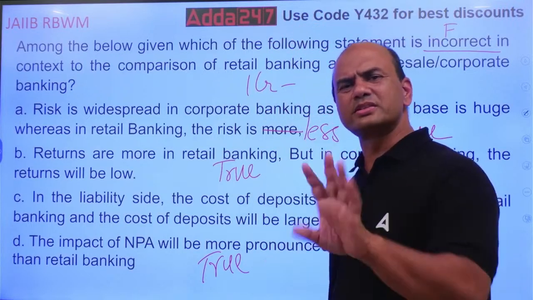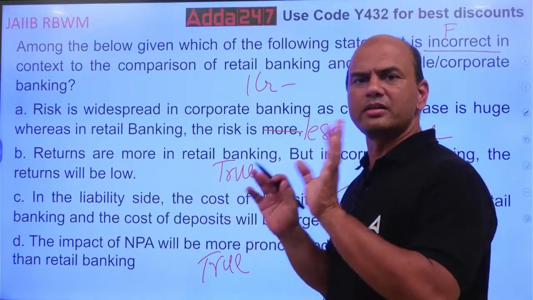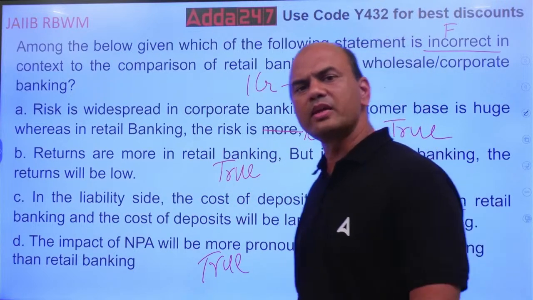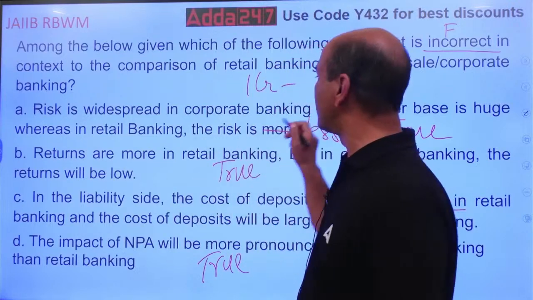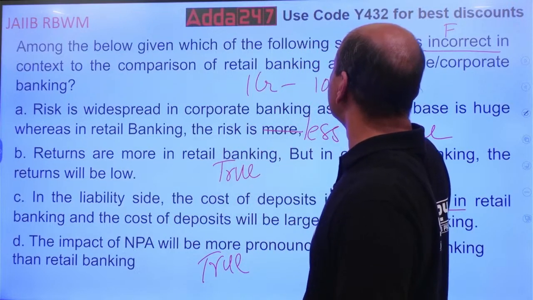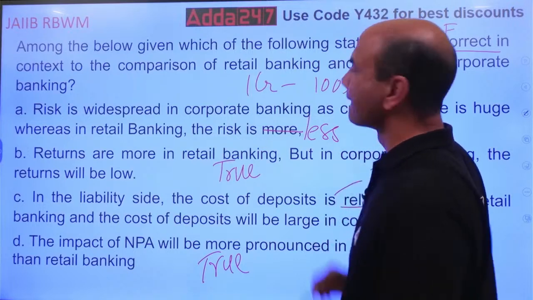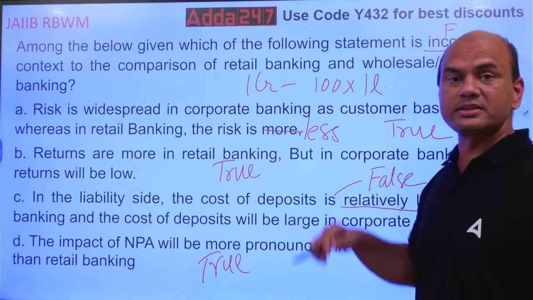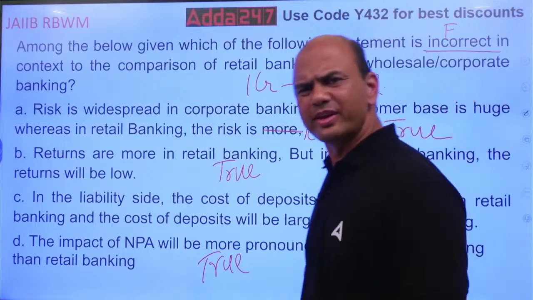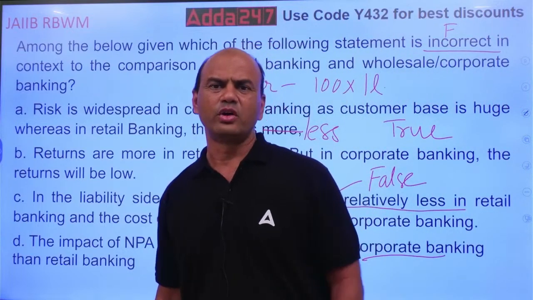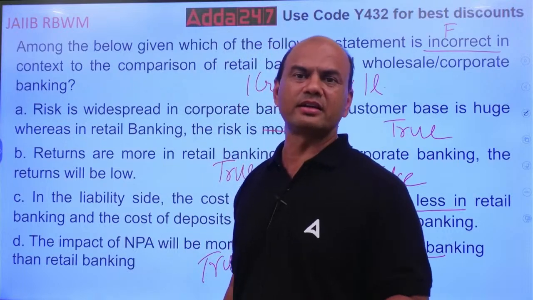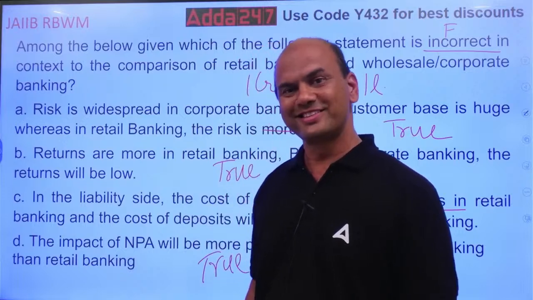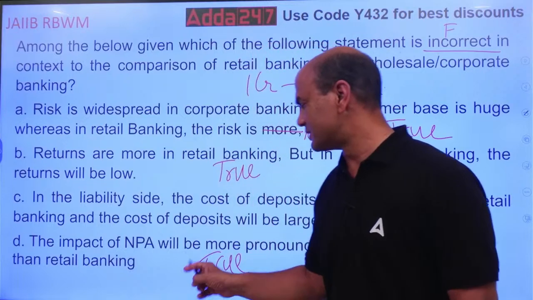I'll give it to one customer, 1 crore. In retail banking, I'll divide this into 100 customers, 1 lakh each. Now you tell me, what are the chances of all 100 customers becoming NPA? Very less. All of them will never become NPA at a single time, whereas one customer can become NPA in corporate banking. So that's why this is true.